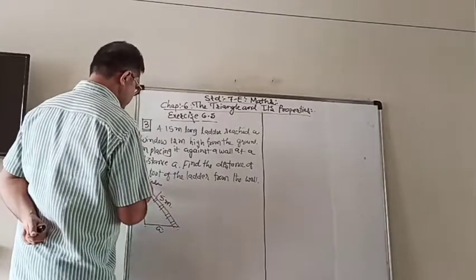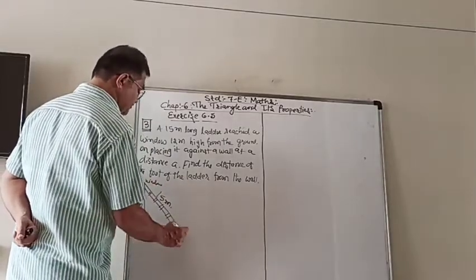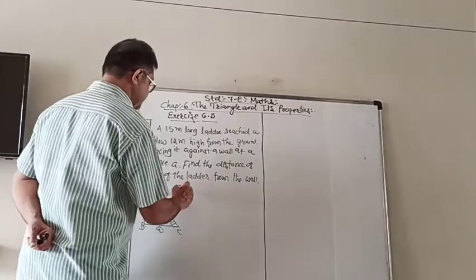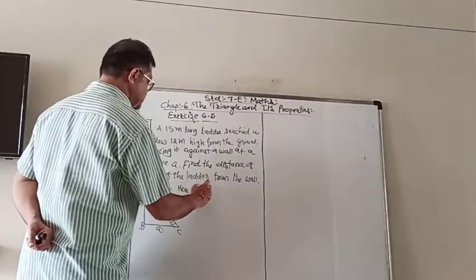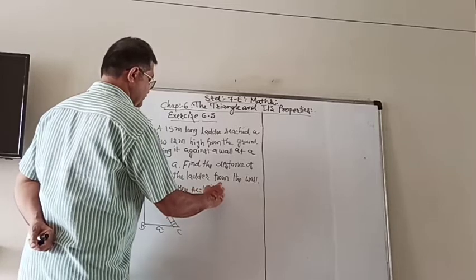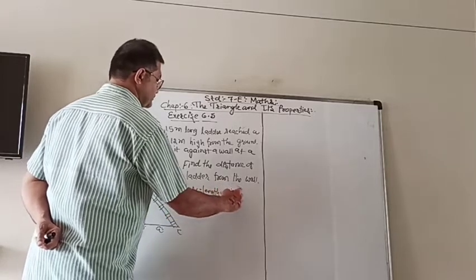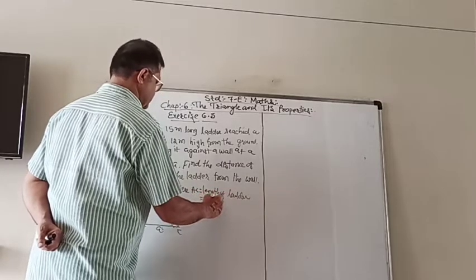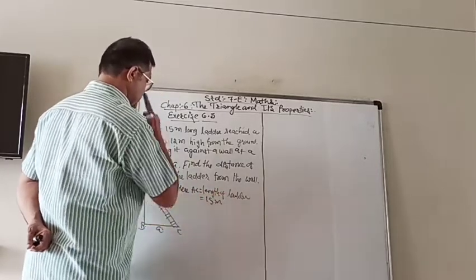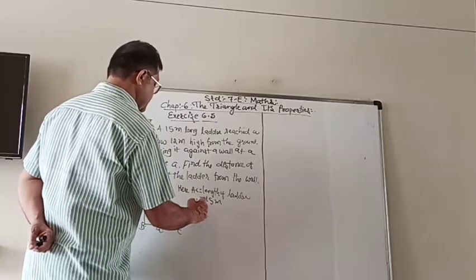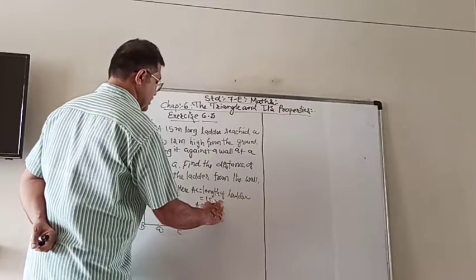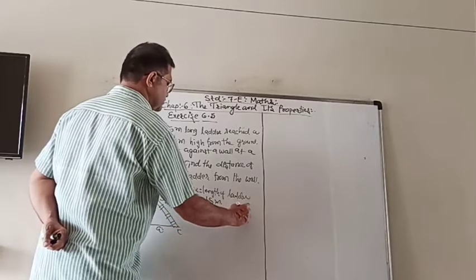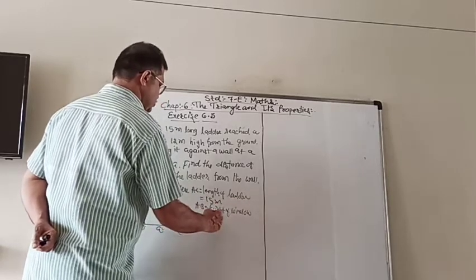So here we can give the name of the triangle if they don't give. Here AC is equal to the length of the ladder, and that is given as 15 meter, and AB is the height of the window, and that is also given 12 meter.